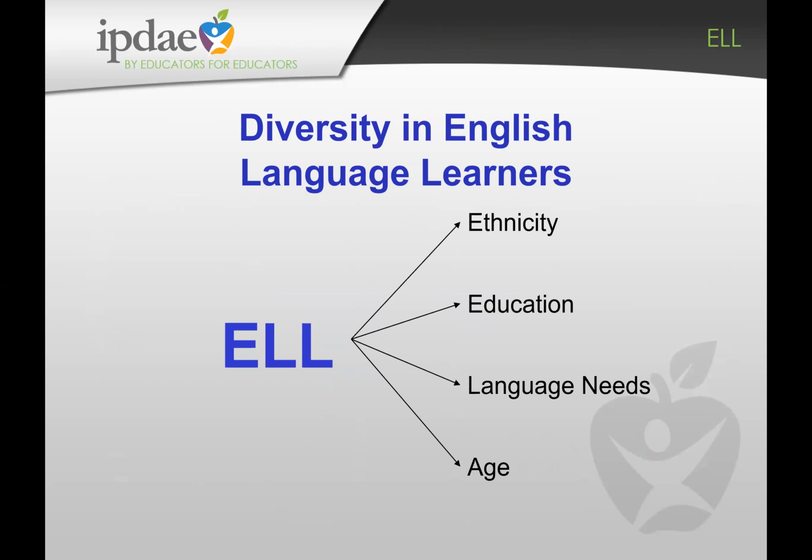In addition to that, the level of education of our English language learners is a wide variety. There are some students that come to us with master's and doctoral degrees from their native country, and they're just sitting in your classroom to learn the English language. But there are some that have close to zero experience in formal education, such as refugees that are in the camps, such as immigrants that just came into the United States with no prior educational background.